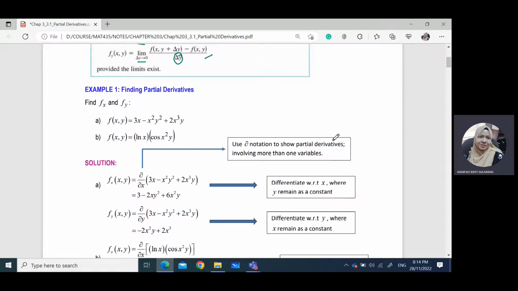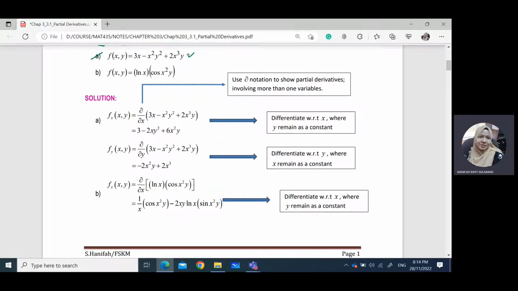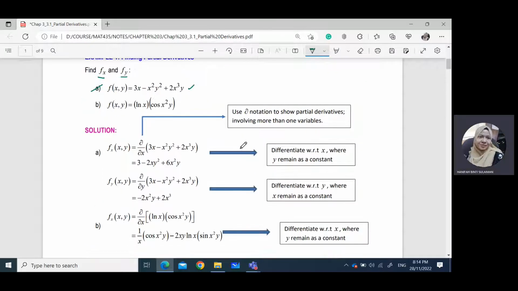Okay, so look at this example, finding partial derivatives. The question asks you to find the partial derivative with respect to x and the partial derivative with respect to y. Here we have the function 3x minus x squared y squared plus 2x cubed y. First we need to differentiate with respect to x while y remains a constant.